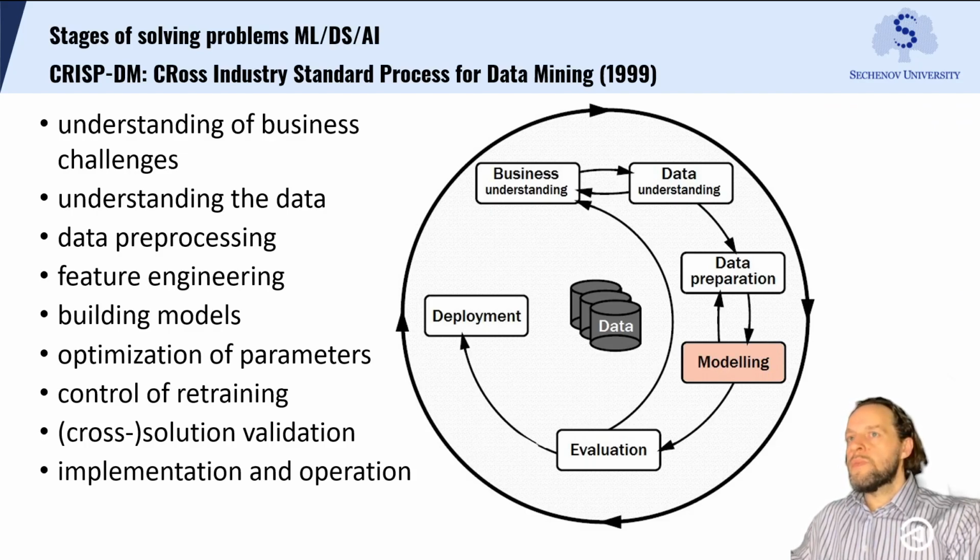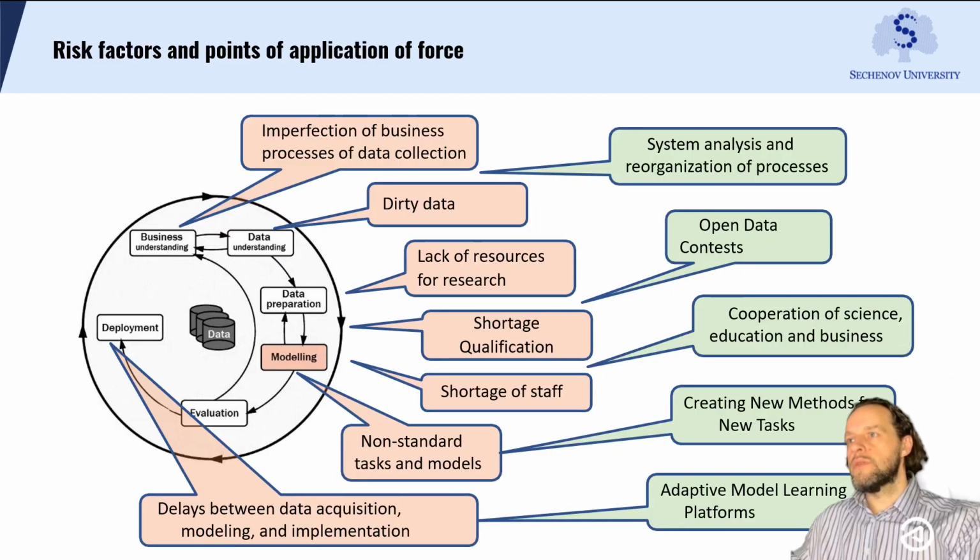Getting back to the data science process, it consists of understanding challenges, understanding data, processing data, gathering features, building models, optimizing parameters, control of retention, cross-validation, implementation, and operation. If we skip even one of the steps, the results couldn't be qualified as usable in medicine.